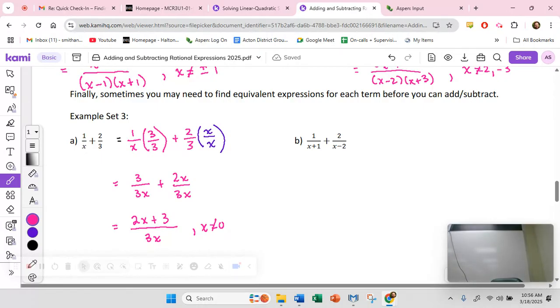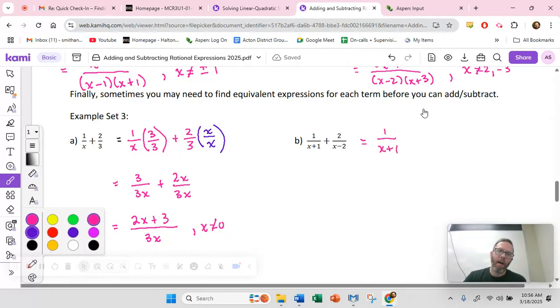Like in this one. There's no factoring that we could do here on the bottoms. There's no easy way to make x plus 1 to x minus 2 by multiplying. That's okay. Let's just multiply the denominators together to get a common denominator that works, like so. I'm going to write it this way. I think it's helpful.